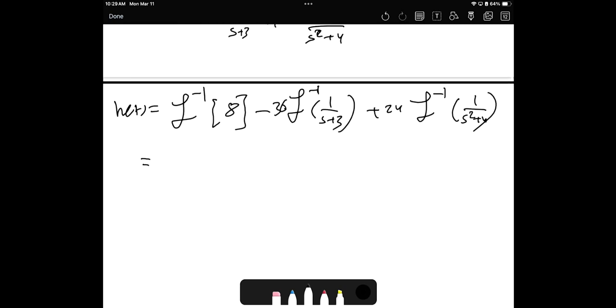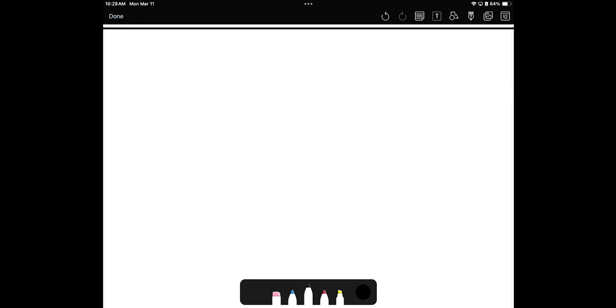What's the Laplace inverse of a constant 8? It's impulse. So it will be 8 delta of t, right? Then minus 36. What's the Laplace inverse of 1 over s plus 3? Go to the table. Let me go to the table. Let's see.